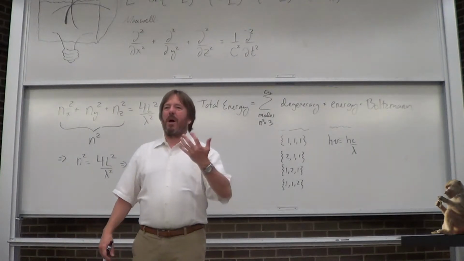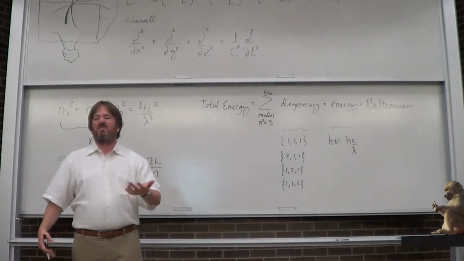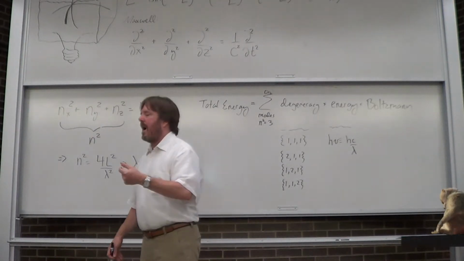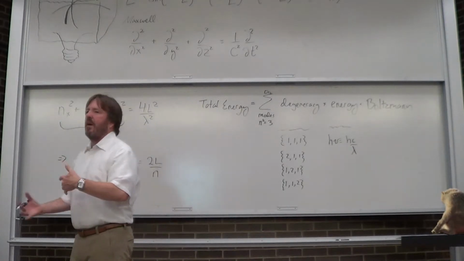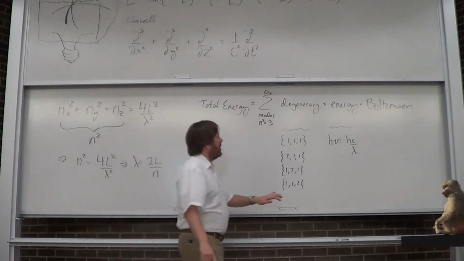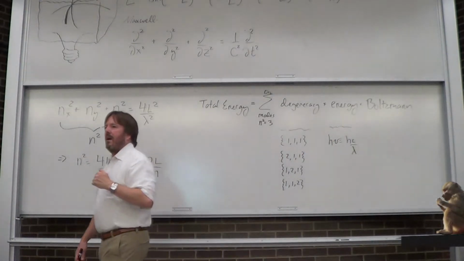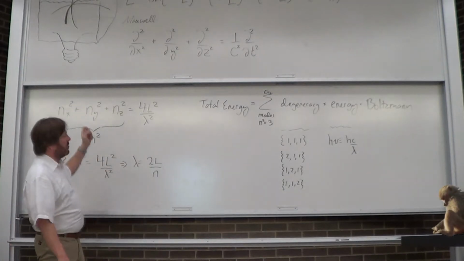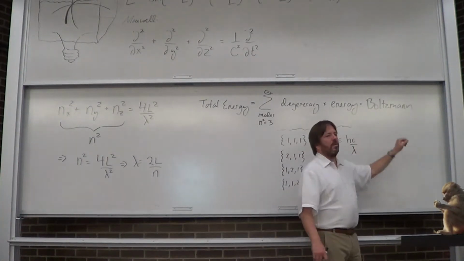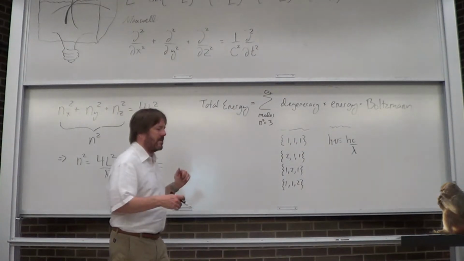Just like there's a probability that an O2 is moving 300 meters per second, which is kind of at the higher end, and a probability that an oxygen is moving 1,000 meters per second. There is a probability, it's just very low. There's a probability that a photon will have a certain energy, whether it's low, like the waves I drew here, and then the Boltzmann factor will fix that. It will tell you how many photons are actually present.